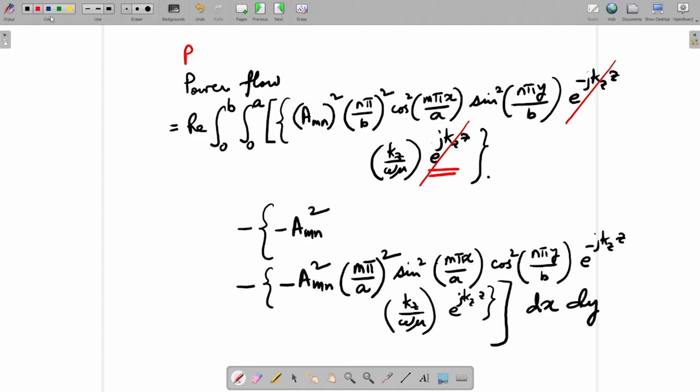So, again these two terms are as a result of change from the normal to the starred domain. So, therefore, the e to the power minus j k z z changes to e to the power plus j k z z, and therefore, these two cancel each other.